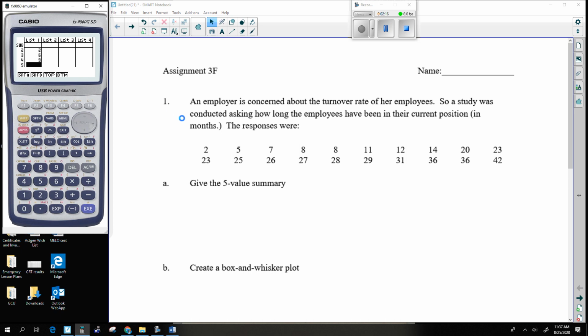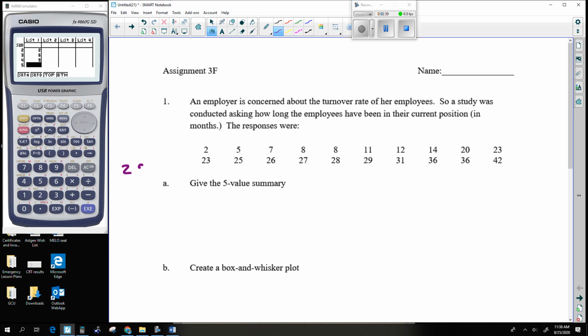All right, so what we have here is we are going to be constructing a box and whiskers. And so the easiest way to actually physically do this is to write these numbers out in one straight long list from small to big. So I'm just going to kind of go through the motions here, and I'm going to write this out.